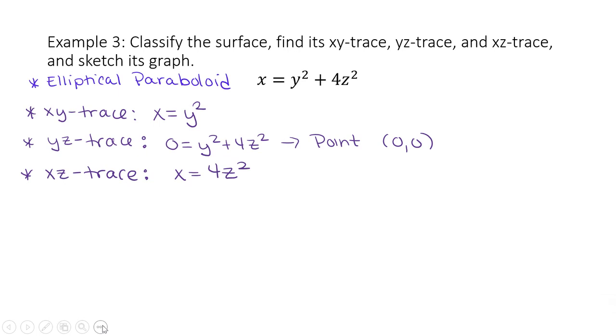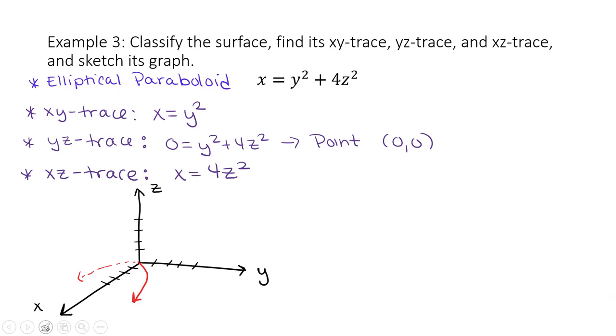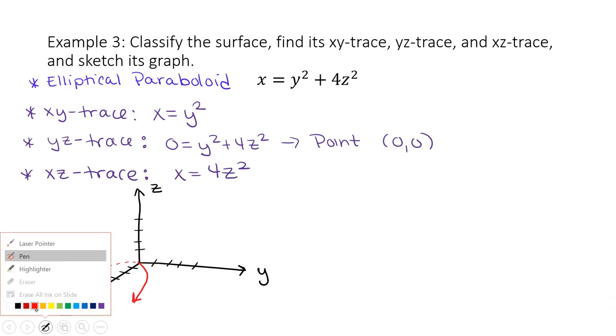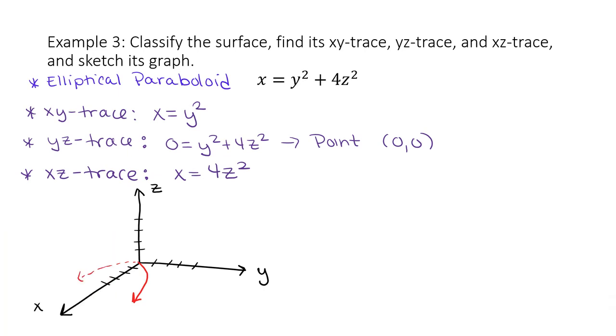Okay, so I classified the surface, I found the traces, and now I'm going to sketch the graph of this thing. A great way to sketch the graph of a surface is to start by drawing those traces. So I'm going to start by drawing my xy trace, thinking about the yz plane, and grab my highlighter, here it is.